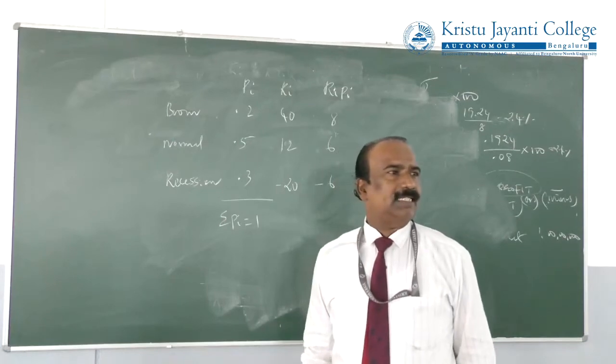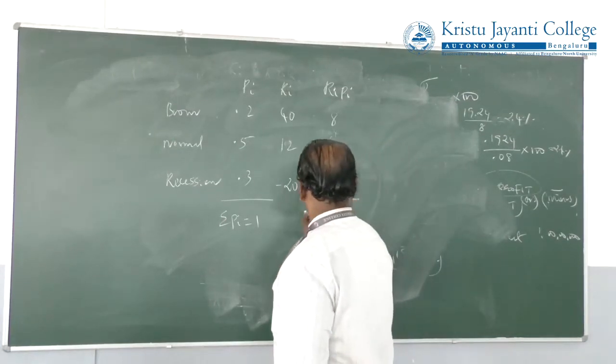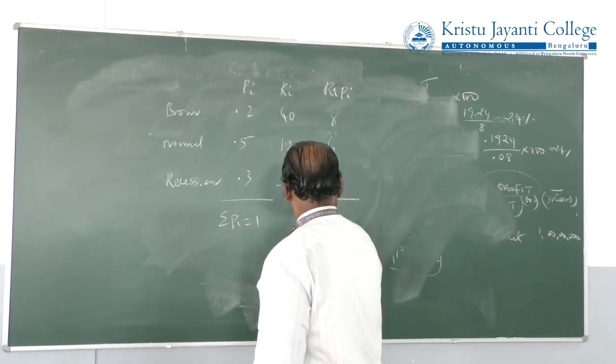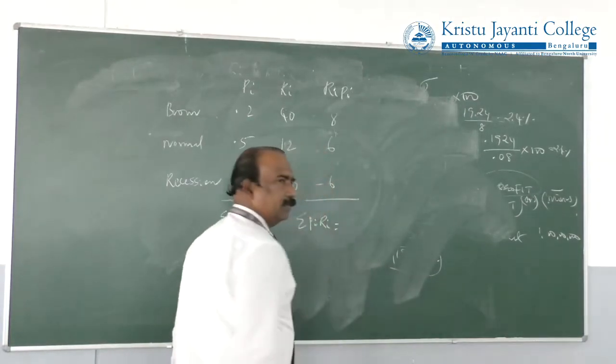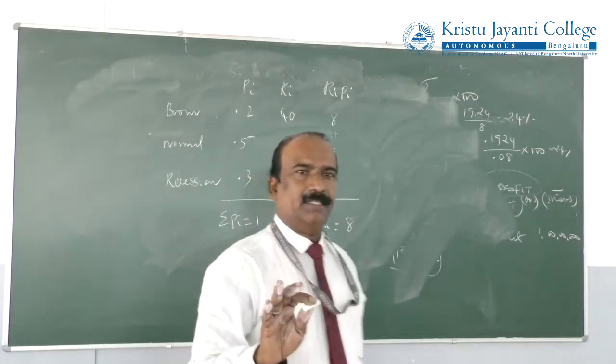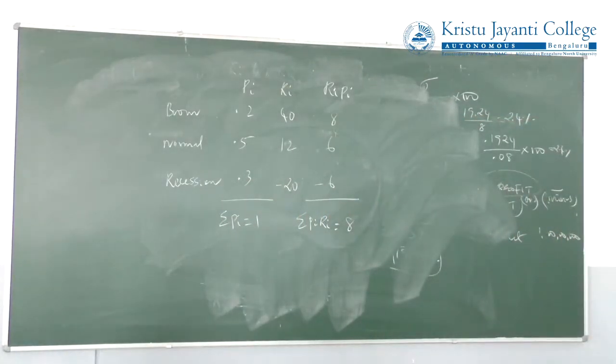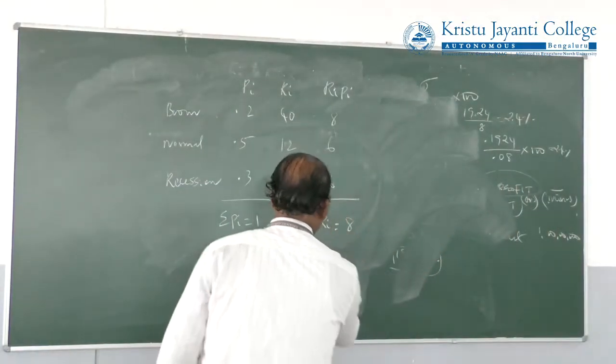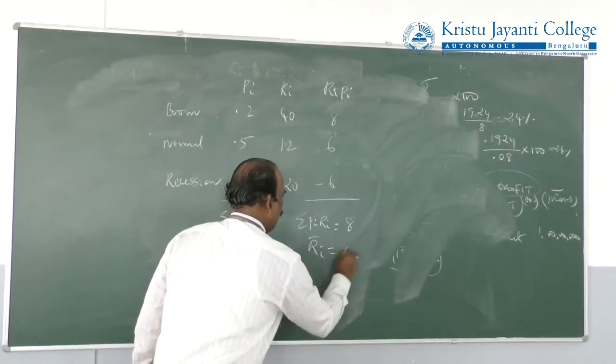Now please listen: sigma Pi Ri is 8. The sigma Pi Ri itself is called R bar. There is no division by 3. This itself is R bar.